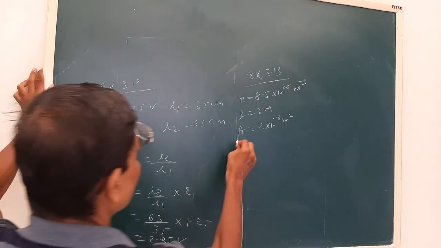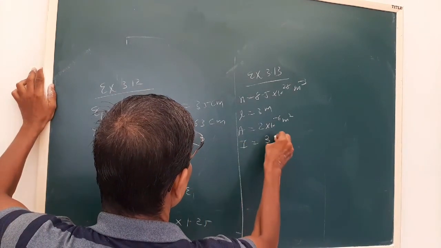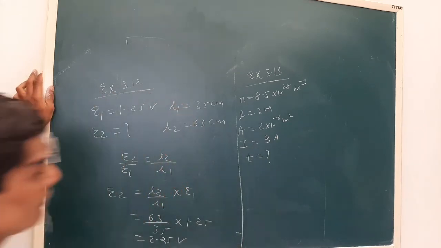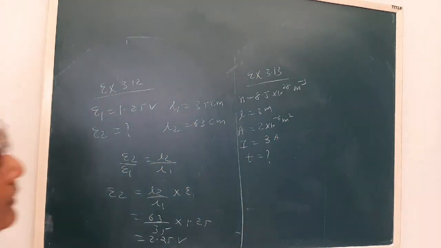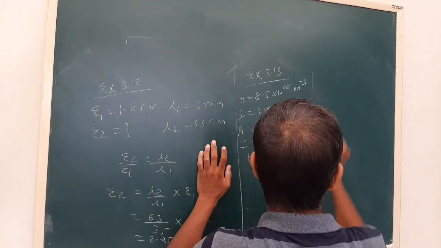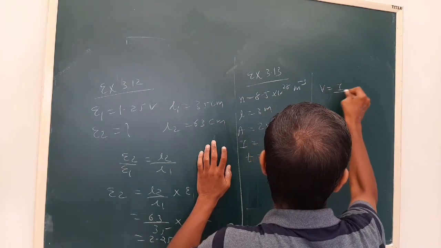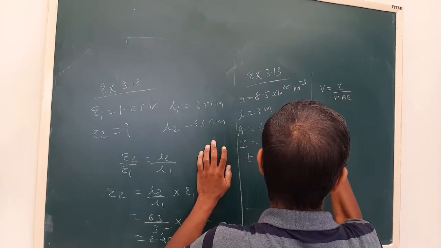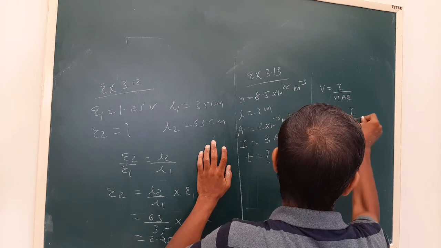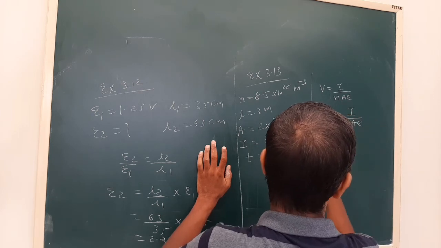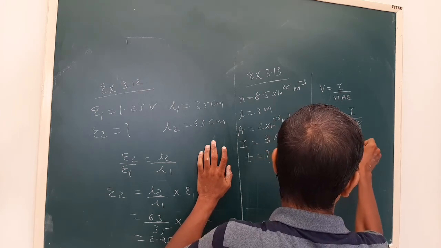Now the current is I. We have to find out the time to cross the conductor. Now our formula: Vd is I upon nAe. Velocity is length upon time. So we can say t is nAeL upon I.